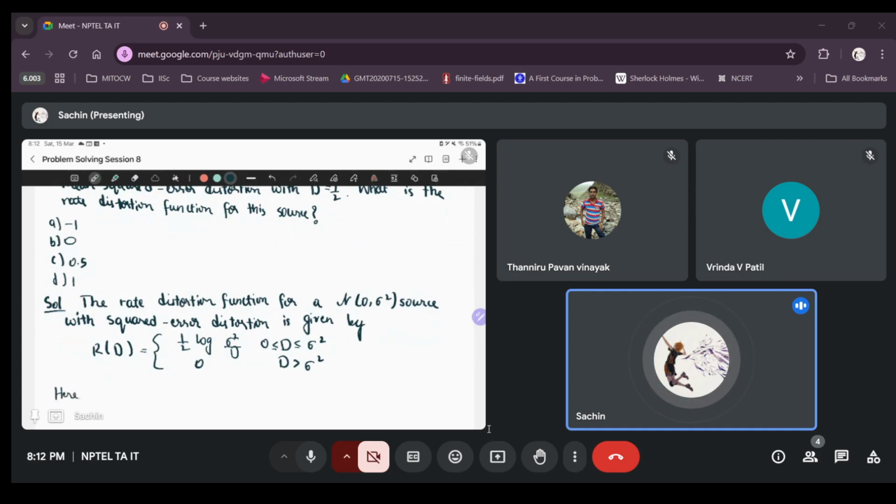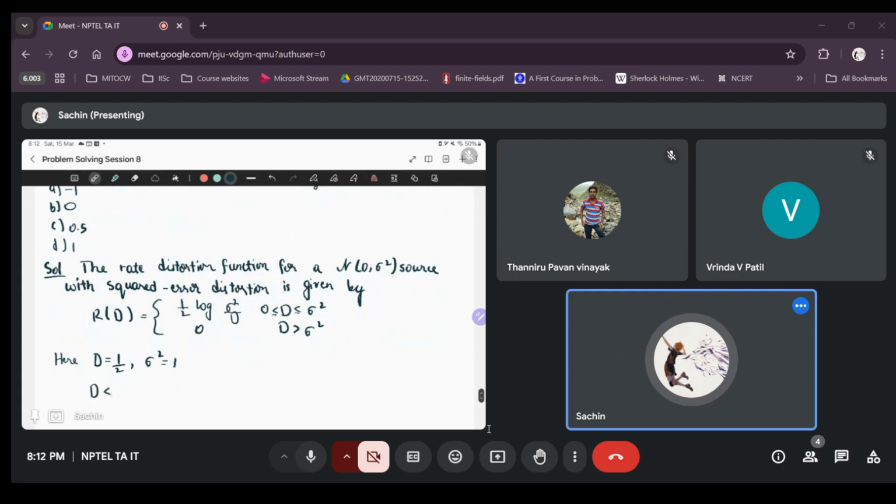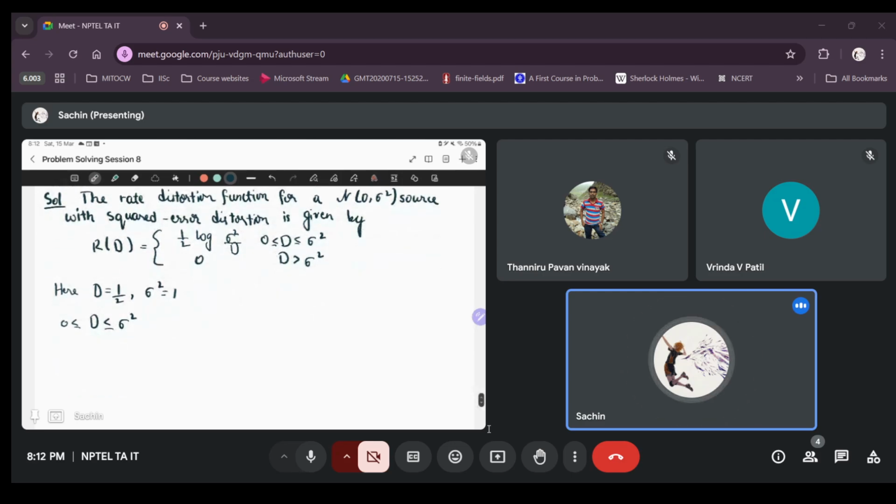So here we have, what is d? D is half, sigma square is 1, so d is less than sigma square and greater than 0. That condition is satisfied. So R of d is half log of, you want it in bits, base 2 of 1 over 1 over 2, which is half log of 2 to the base 2, which is just half into 1.